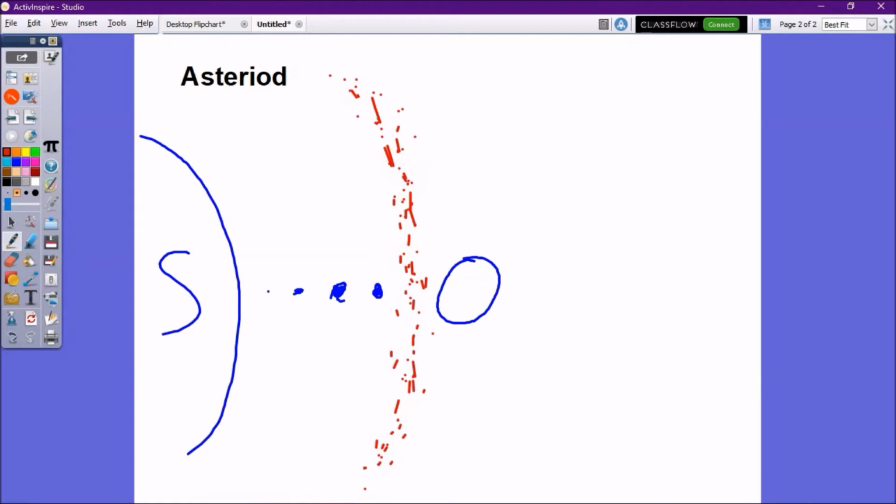All right, and every now and then an asteroid will get knocked out of this asteroid belt, and it'll take a slightly different course. Okay, but generally you'll find these massive rocks with maybe some ice and stuff collected in them, floating in the asteroid belt between Mars and Jupiter.